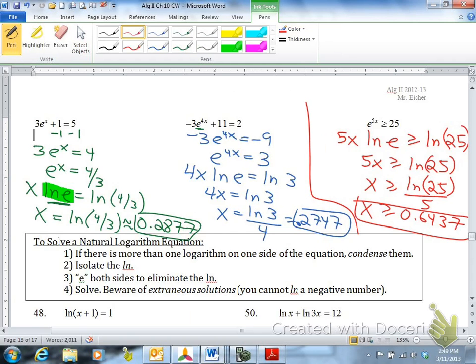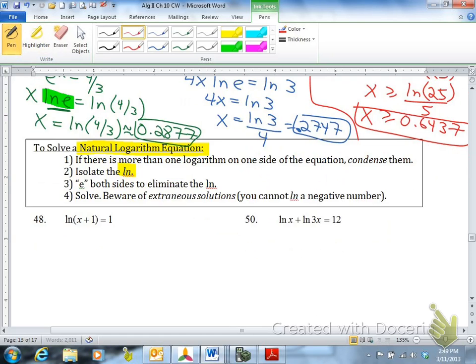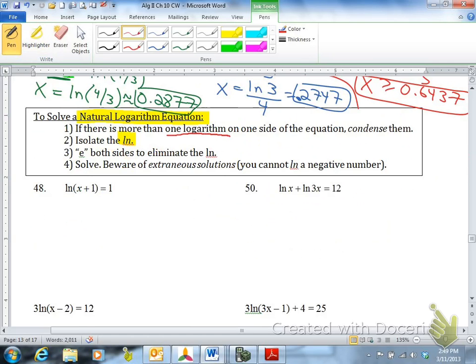Okay, last part of the notes, to solve a natural log equation. So now they're going to have ln's. If there's more than one logarithm, you have to condense the logarithms. When I say condense the logarithms, it means use properties of logarithms. Properties of logarithms still hold true even if it's ln. So ln x plus ln y, you should know that log property.